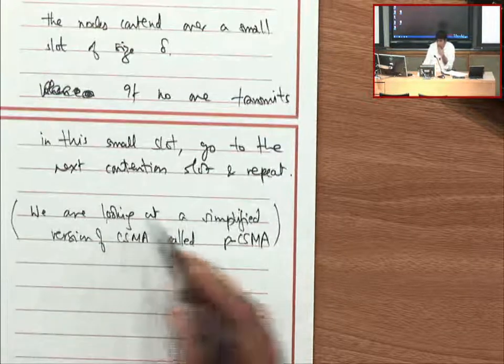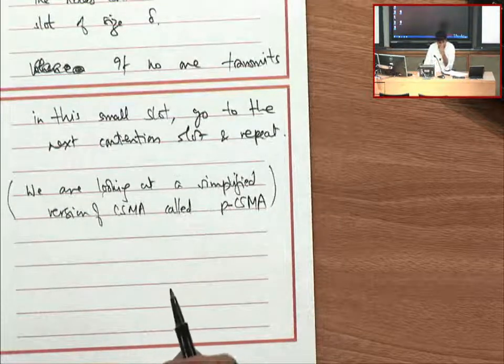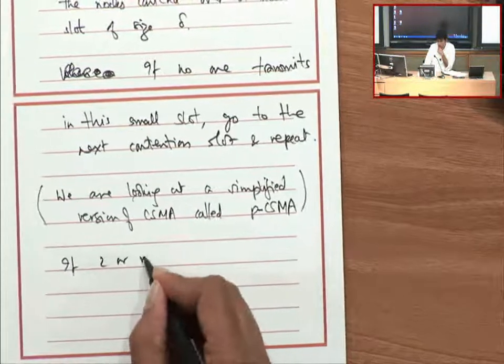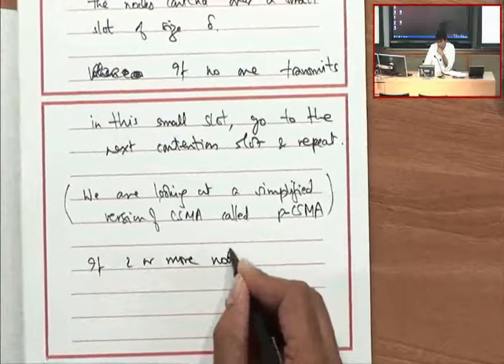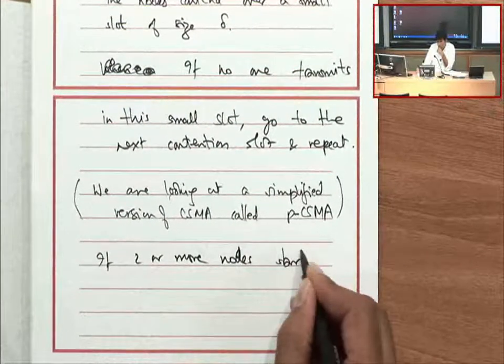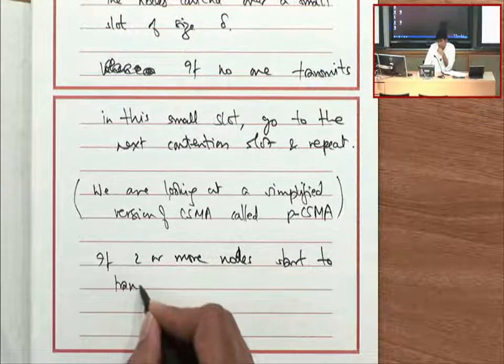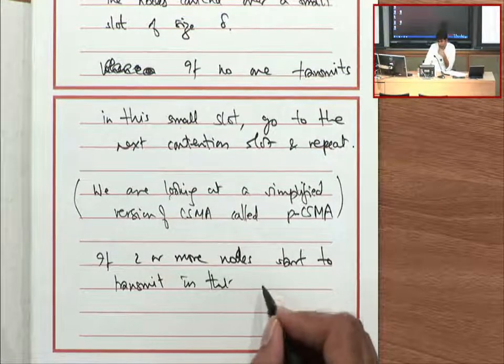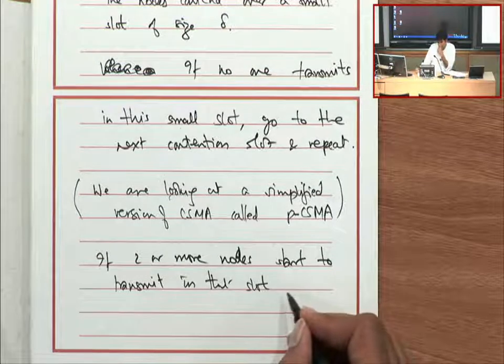So you repeat in the next time slot. What can happen in the next time slot? One thing that could happen is two or more nodes start to transmit in that small contention slot.